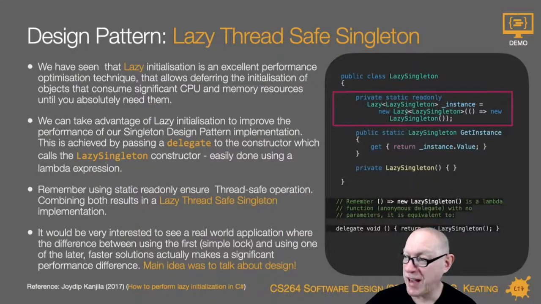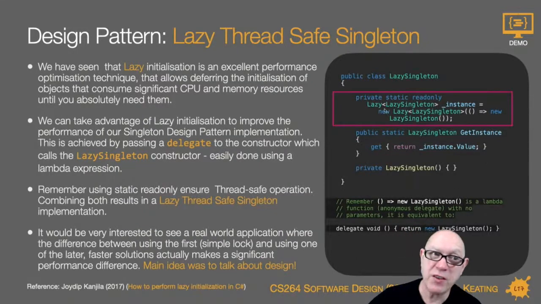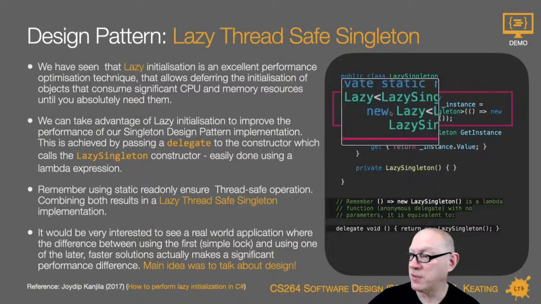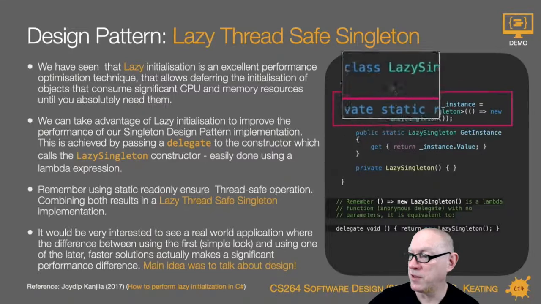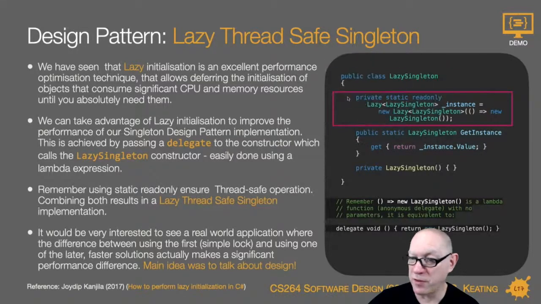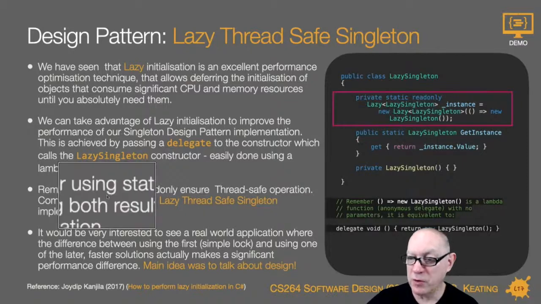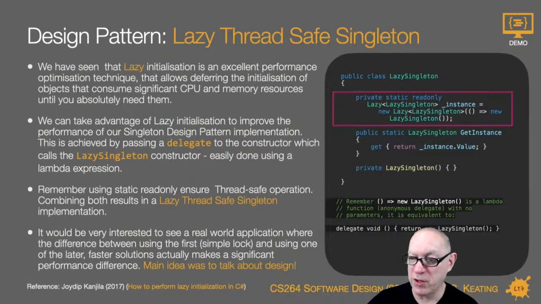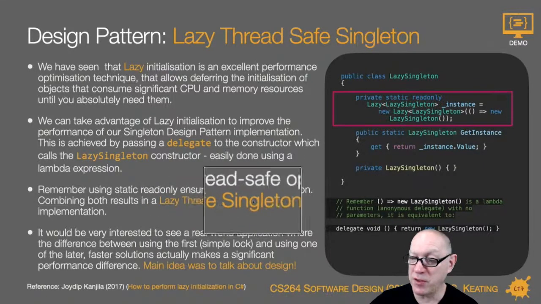So this is how we make our singletons lazy, and this is how we make our singleton thread safe. We use a static readonly to ensure thread safe operation. So we combine the two, and we get this lazy thread safe singleton.